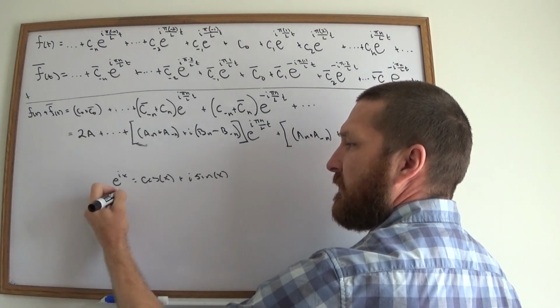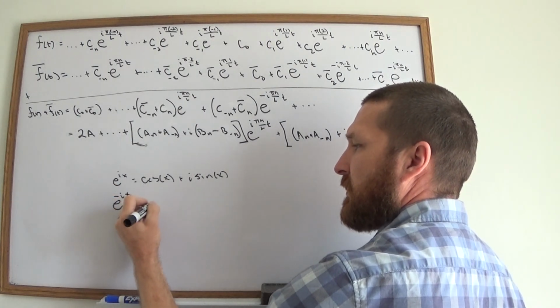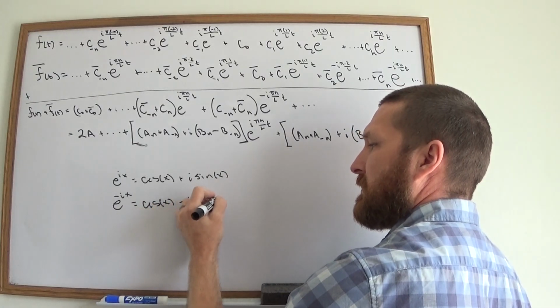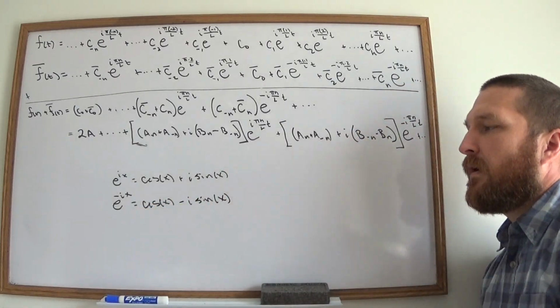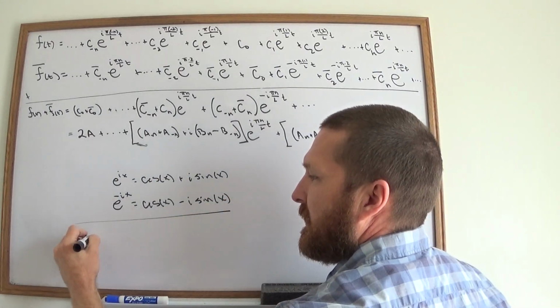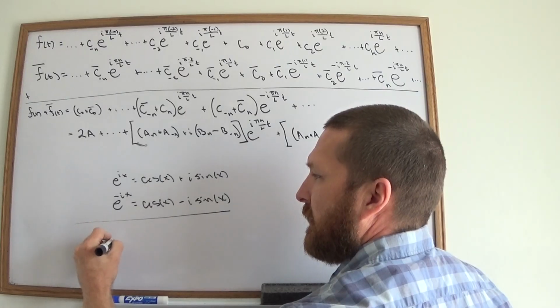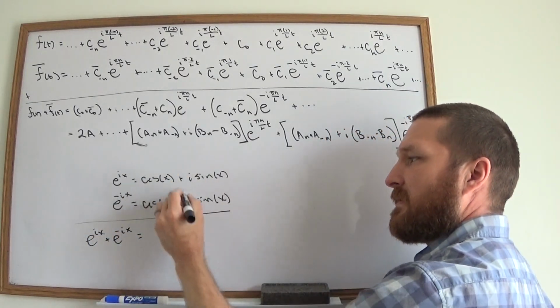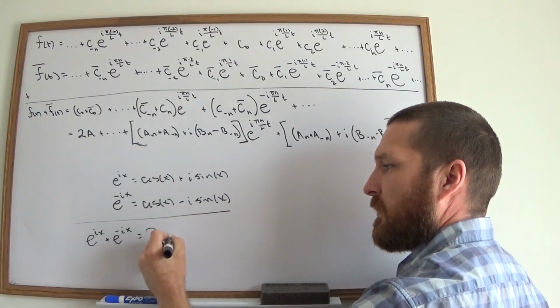E to the negative i x is cosine x minus i sine x. And so, if I add these two things together, I get e to the ix plus e to the minus ix is the same thing as, these guys cancel, and I get 2 cosine x.